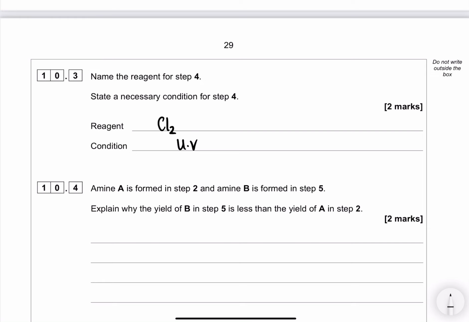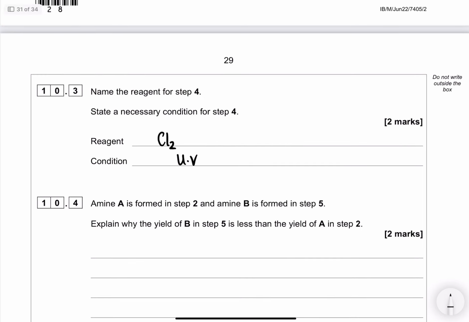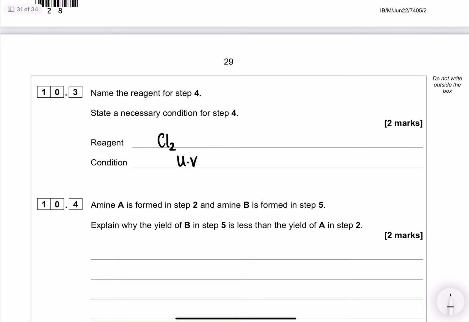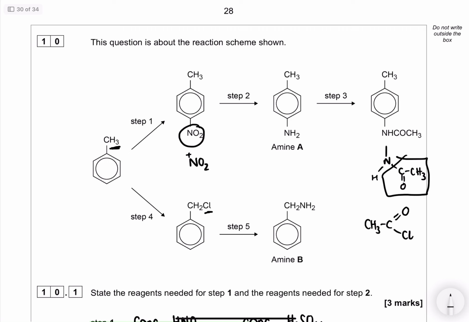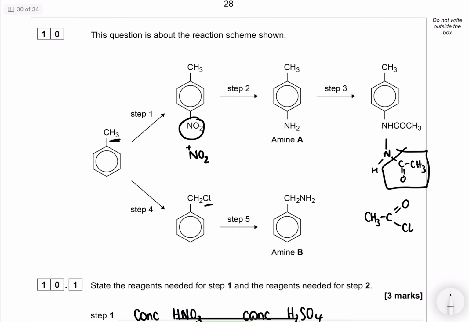Then it says amine A is formed in a 2-step synthesis, and amine in step 2, and amine B is formed in step 5. So we can have a look at those there. And then it says explain why the yield of B in step 5 is less than the yield of A in step 2.